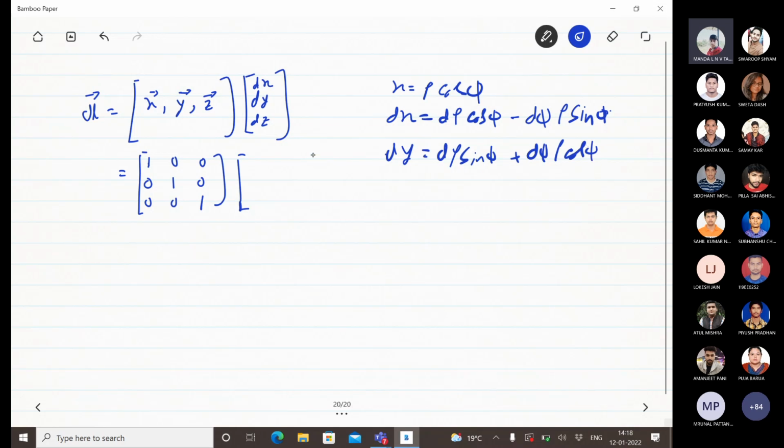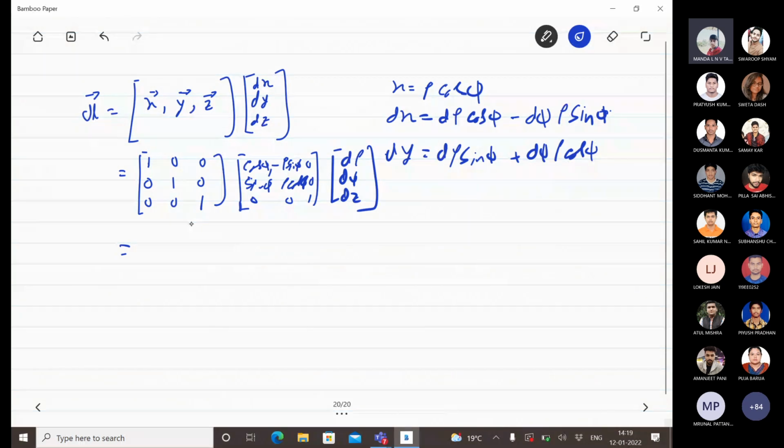So this thing I can write as d rho, d phi, dz, and here you have cos phi, minus rho sin phi, 0, then sin phi, rho cos phi, 0, 0, 0, 1.